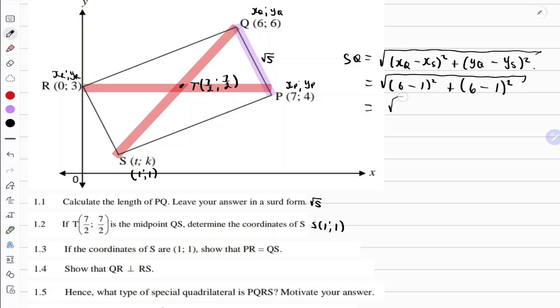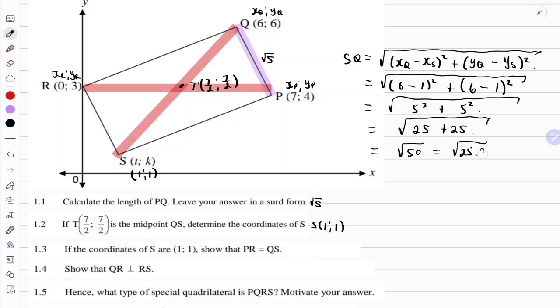So this is equals to 6 minus 1 is 5 squared plus 6 minus 1 is 5 squared. So this is equals to square root of 25 plus 25, which is equals to the square root of 50. But 50 can be seen as 25 times 2, square root of 25 times 2, which is equals to 5 square root of 2. So now let's find distance RP.